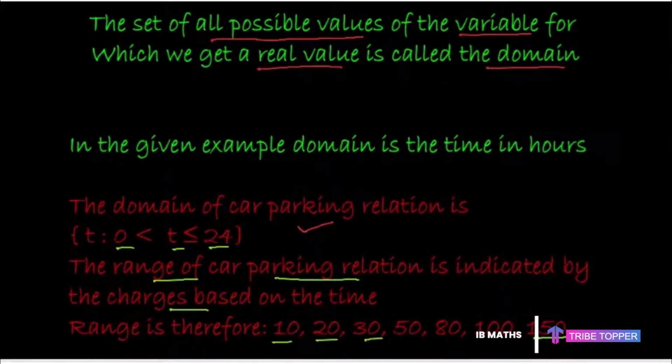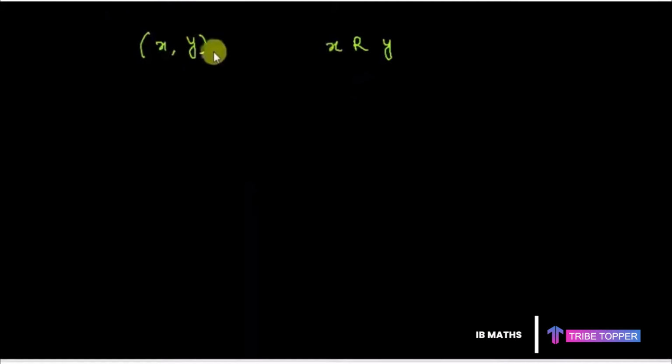Or in other words, if you write the points (x, y), where x and y are related, then all the x values are called the domain, because these are the values which you can substitute according to your wish, and what you get in turn, y, is the range of a relation.